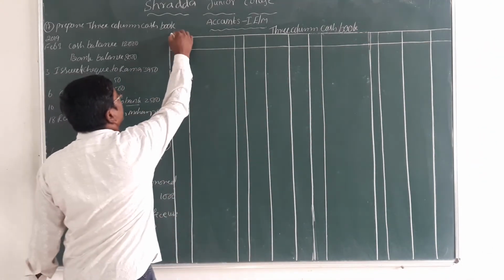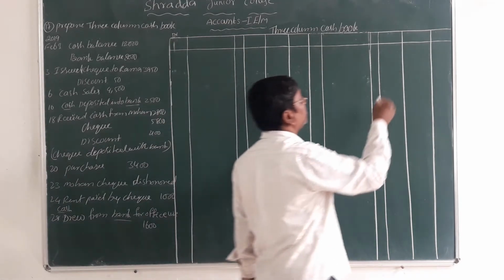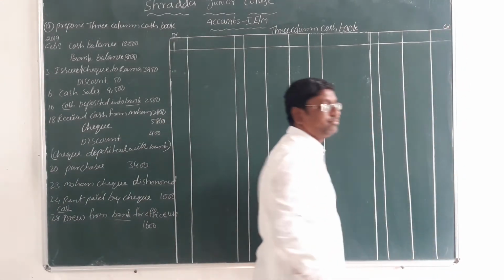Now we take the left side as debit and the right side as credit.